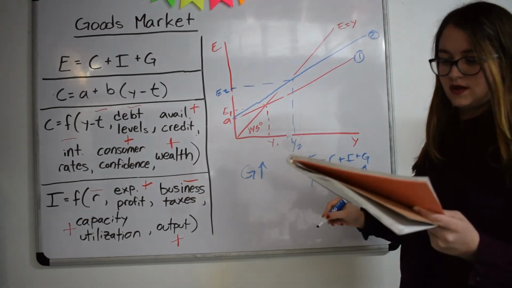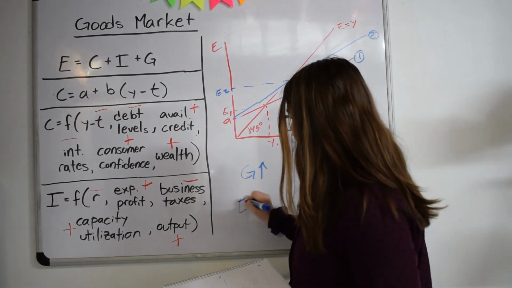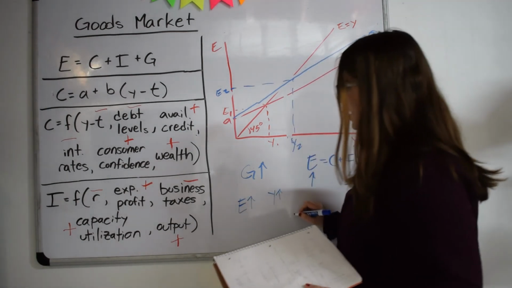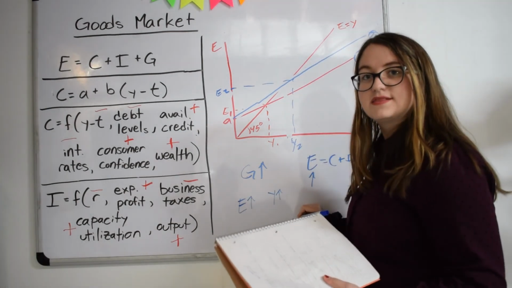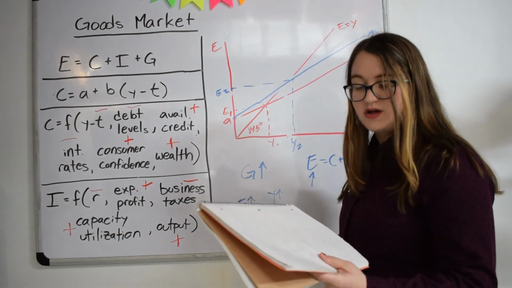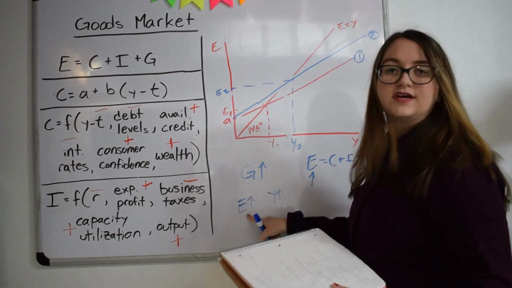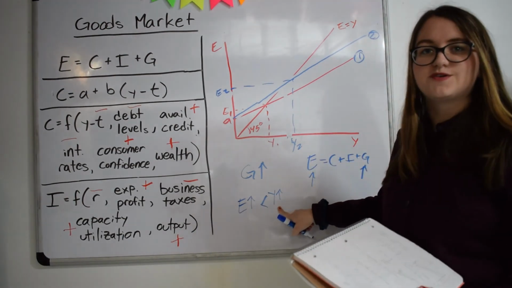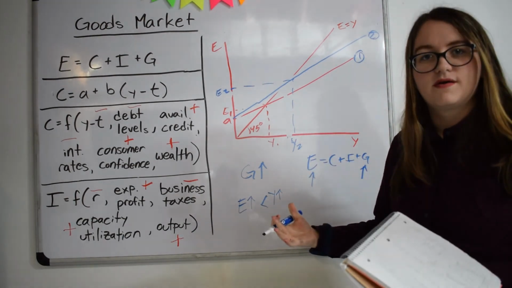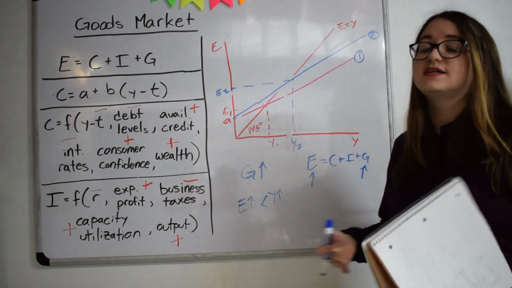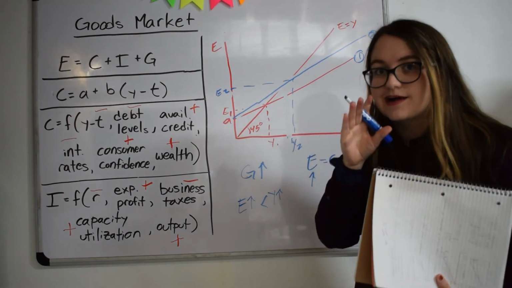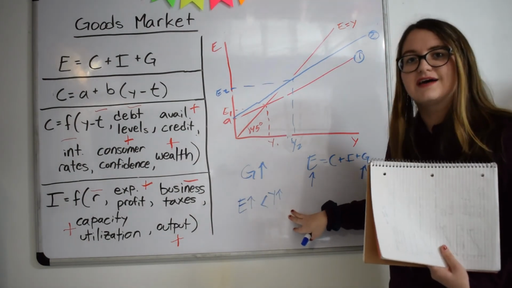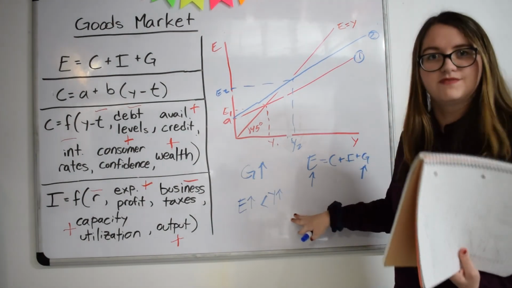Okay, so as E increases, Y will increase as well. But this is known as the Keynesian multiplier because if you increase your spending, the output would increase more. So we'll talk about that. It's exactly the same as the deposit multiplier. So we'll talk about that in a few more slides or videos.